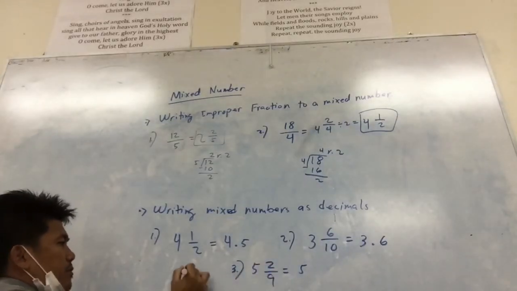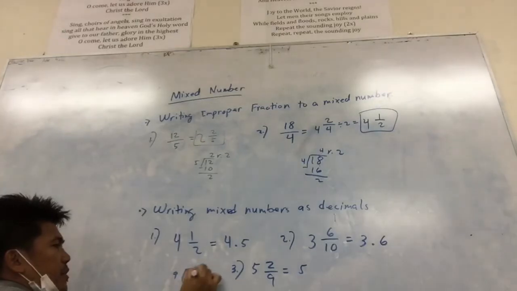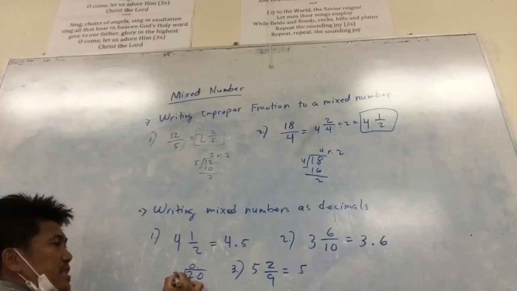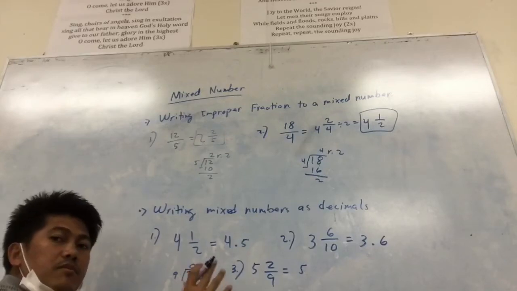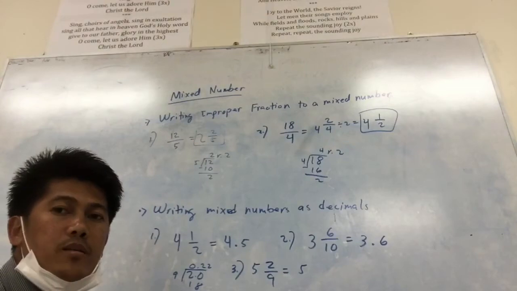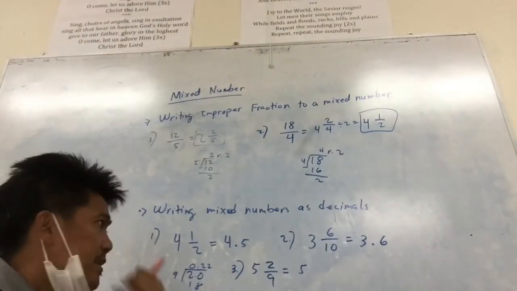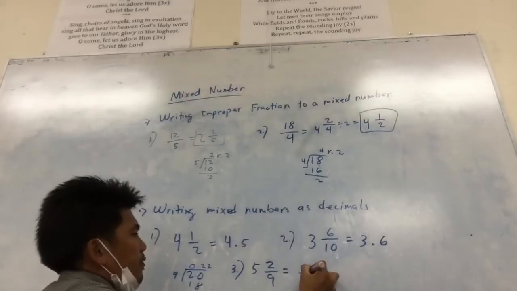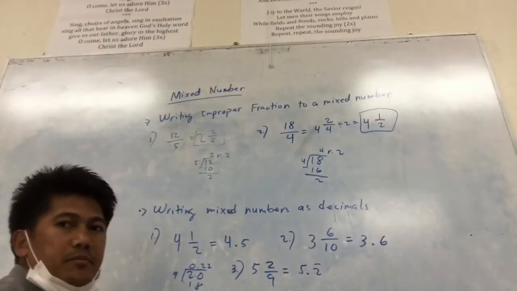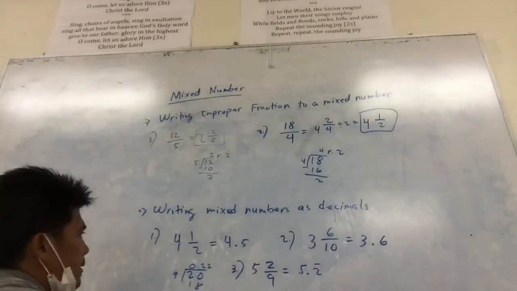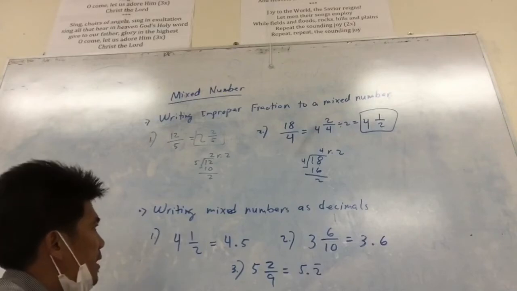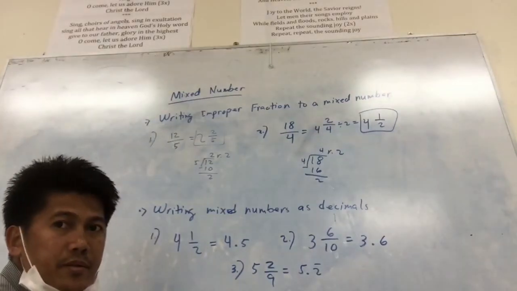So 2/9 is your problem. 2 divided by 9, add 0, that's 20, 0 point. 20 divided by 9 is 2, 18, remainder 2. Add 0, that's 2 again. So it's a repeating decimal. So you just write 5.2 with a bar notation. It means it's repeated. Okay, so that's how you make decimals from mixed numbers.